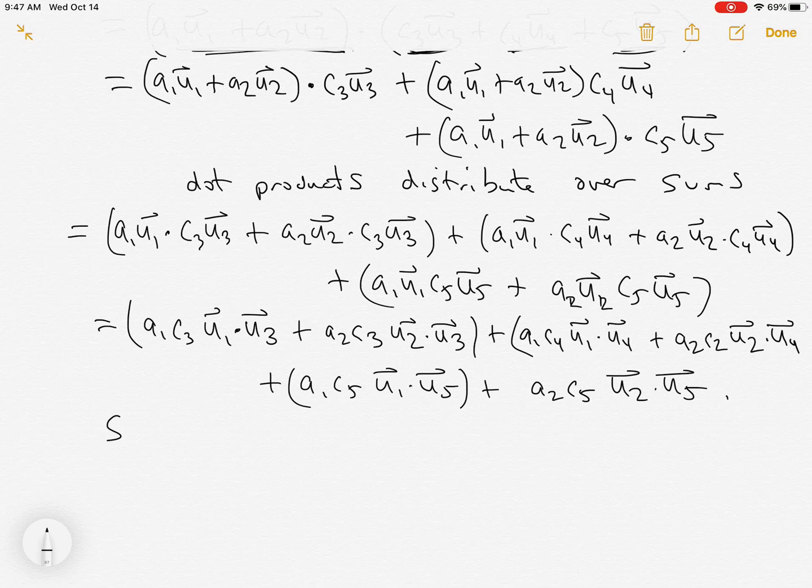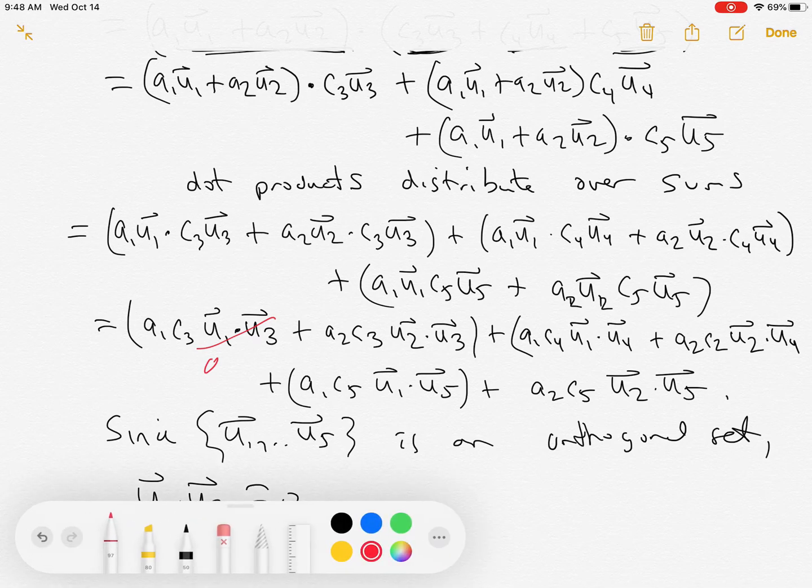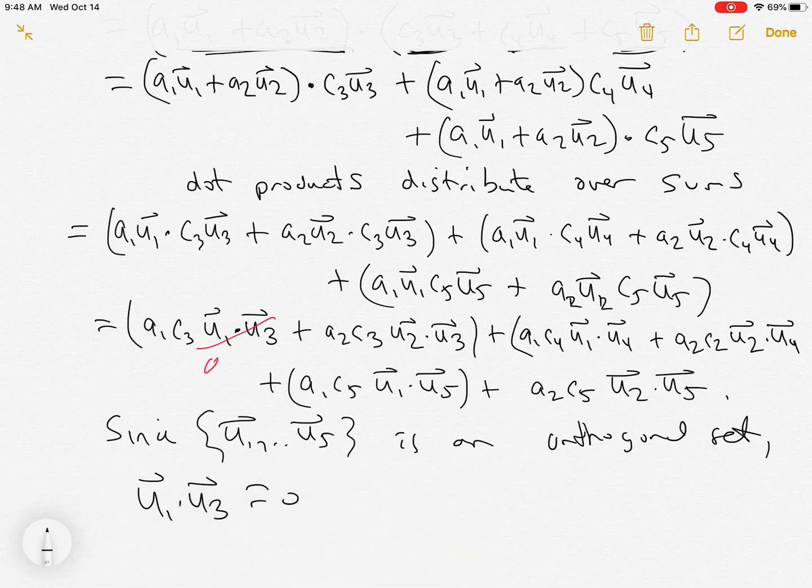Now, since U1 down to U5 is an orthogonal set, that's given, U1 dotted with U3 equals 0. So that's 0. U2 dotted with U3 is 0. So that's 0. U1 dotted with U4 equals 0.